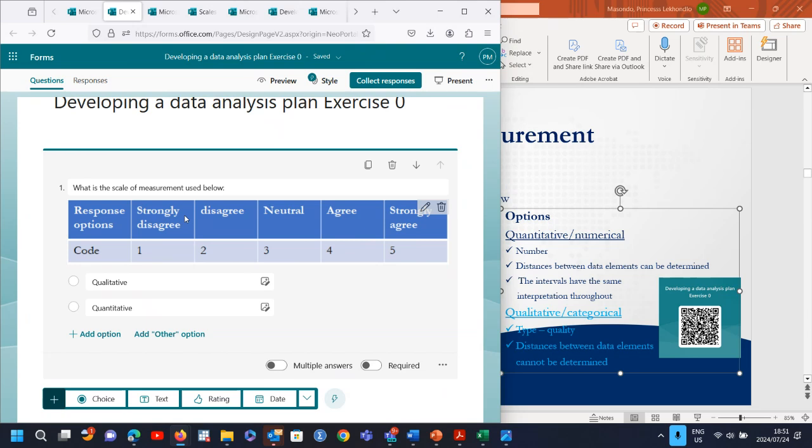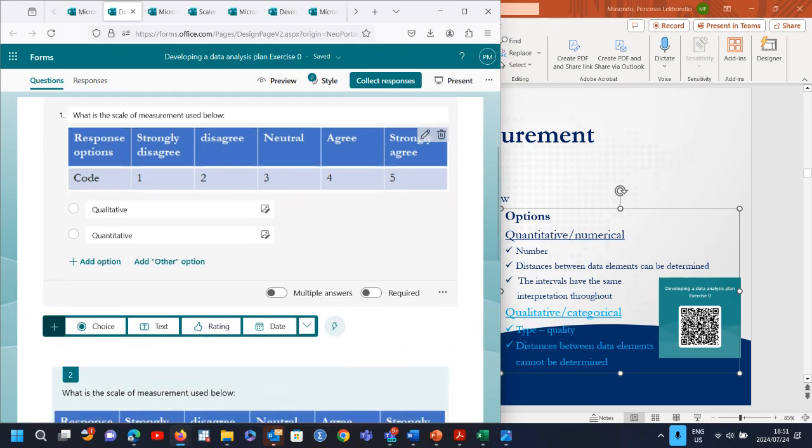If we use hair color, if I have brown and the other person has blonde or red, when I move from red to brown, or from red to black, is the distance the same? And does it have the same interpretation? Here it doesn't. So it's going to be qualitative.